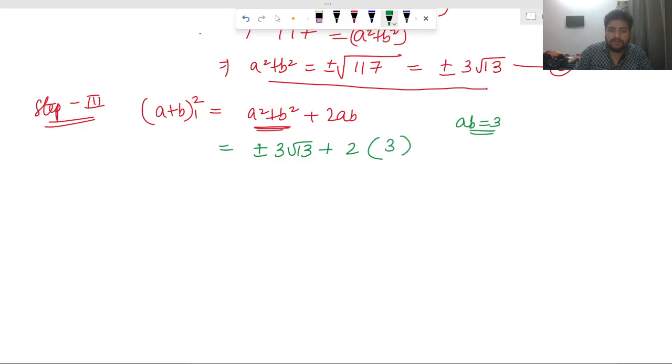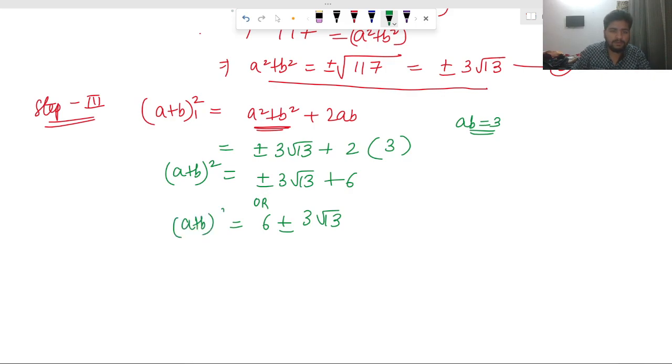Putting it here, the value of a plus b whole square comes out to be plus minus 3 under root 13 plus 6, or we can write it as 6 plus minus 3 under root 13, which was the value of a plus b whole square.